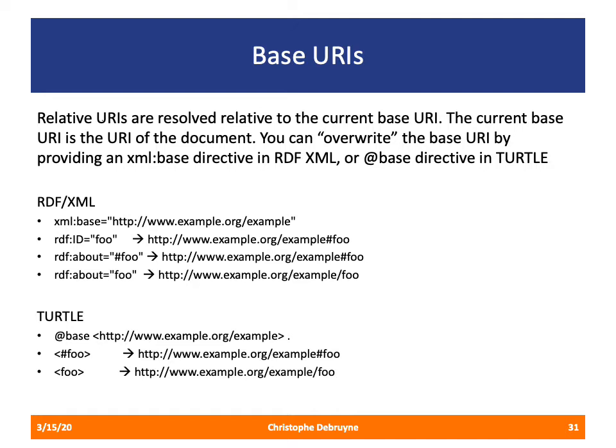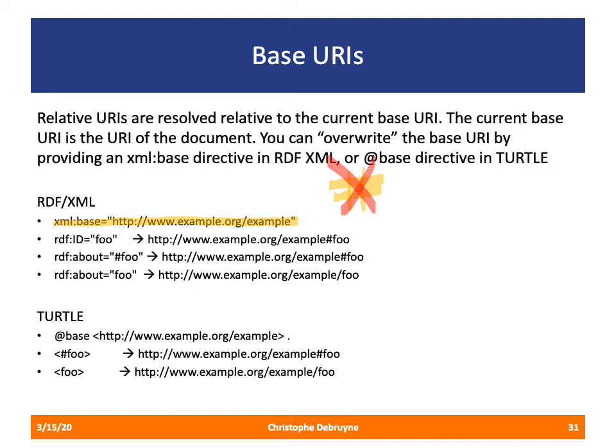Now, assuming that I have provided an XML base directive for my example, notice that base directives never end with a fragment. That shouldn't happen, right? So here I have my base directive, http://www.example.org/example.